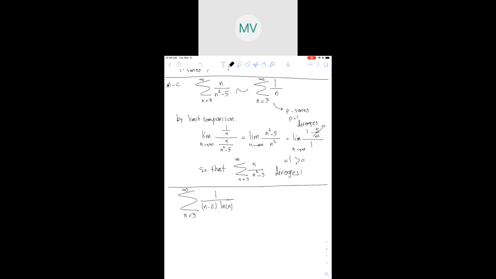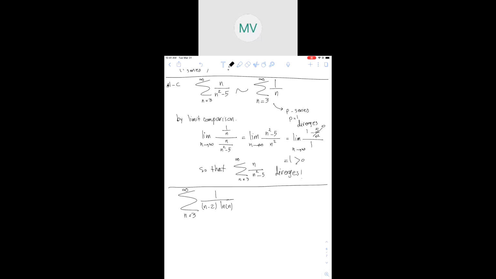Okay. So we want to compare this with a series that we have already seen before. At least, we can find the behavior. You saw it in the integral test section. What was it, 10.3? So what series do you want to compare this with?